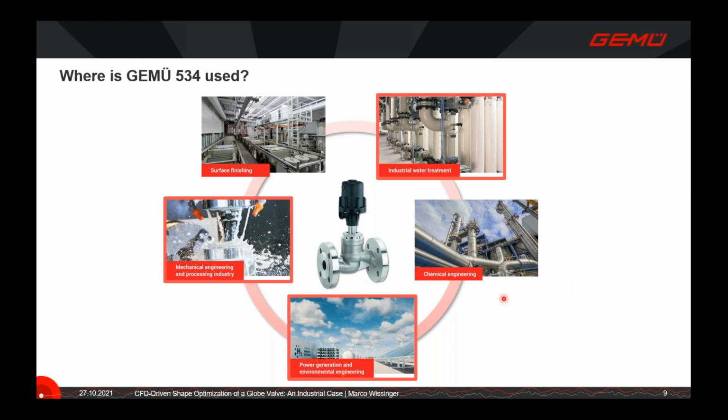But in these areas, aggressive media is used, and so valve bodies made of metal can't be used because of that aggressive media. But in the other 3 markets, the Gemu 534 is used. So it's mechanical engineering, processing industry, power generation, environmental engineering, and industrial water treatment processes.